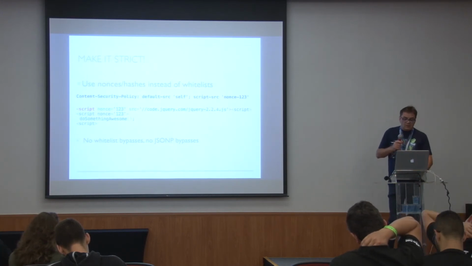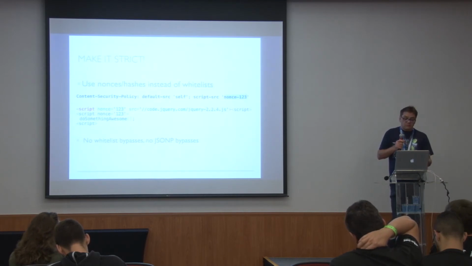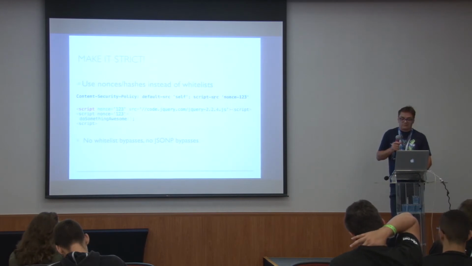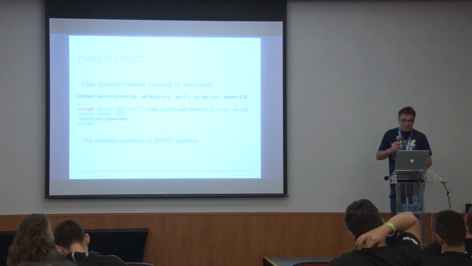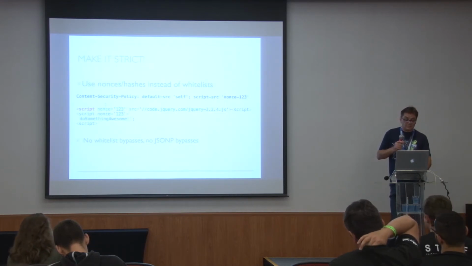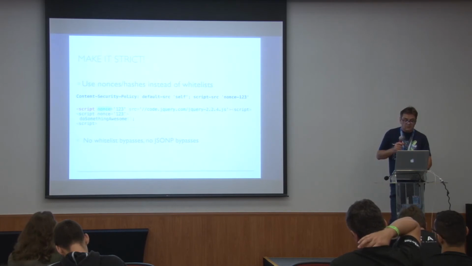You can use nonce. What is nonce? It literally means number used once. If your content security policy contains, for example, script-src nonce 123, the browser will only evaluate JavaScript scripts that have a nonce attribute with the same value that's in the header or meta tag.